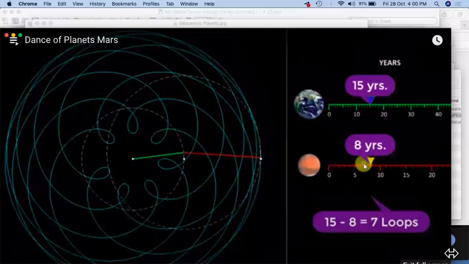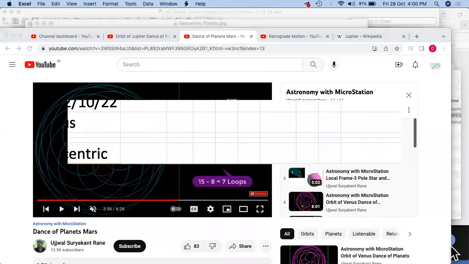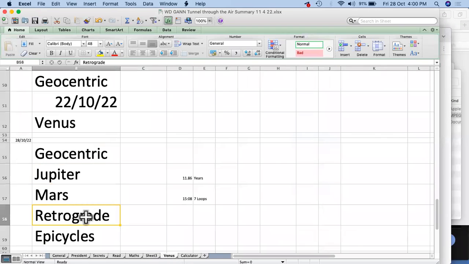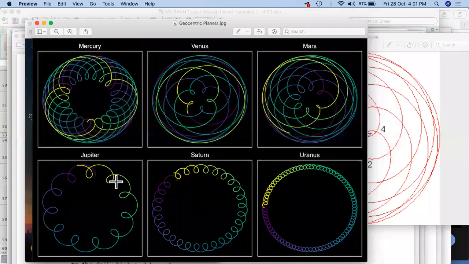We'll try to cover details one by one, but at this stage we wanted to make you understand a few things. One is the terminology which has been used, retrograde. Second is epicycles, and we wanted to make you understand more about the geocentric model. That's why we tried to see various cycles. For example, we saw a cycle of Jupiter, which takes around 11.86 years to complete a rotation around the Earth, if we consider the geocentric model.